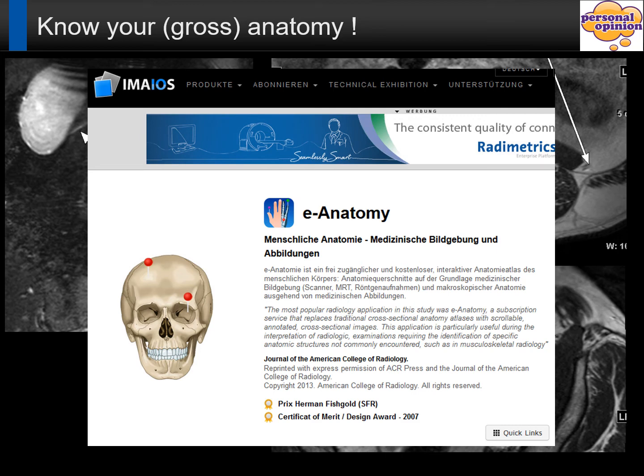They also have variants, normal anatomic variants, which are not that obvious. So it's always good to compare and to be really sure that they have no pathology, and e-anatomy and atlases are really very helpful for that.